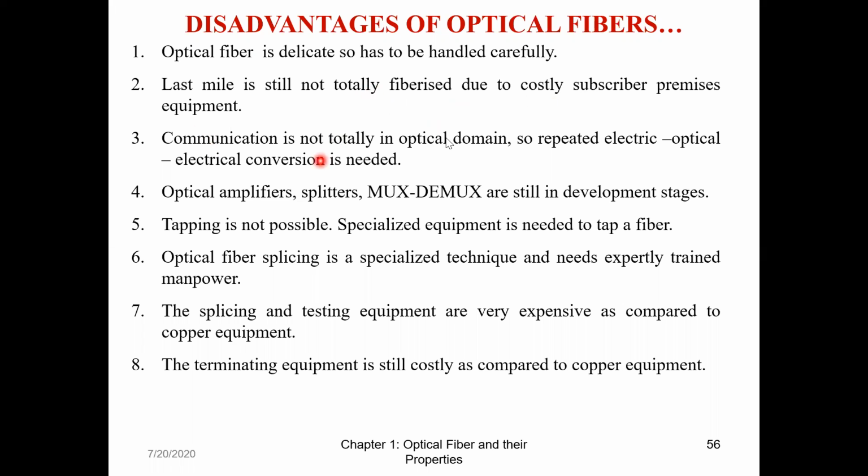Since the communication is not totally in the optical domain, even if I have fiber to home service, which is there, I have to repeatedly convert electrical to optical and again optical to electrical. So this is one of the disadvantages of fiber optics communication, because the last mile is not fiberized or communication is not totally in the optical domain.